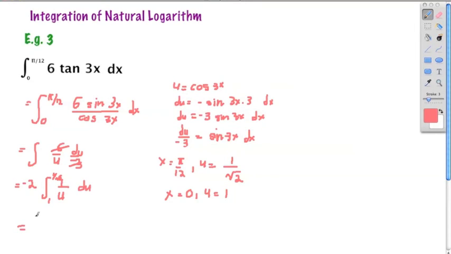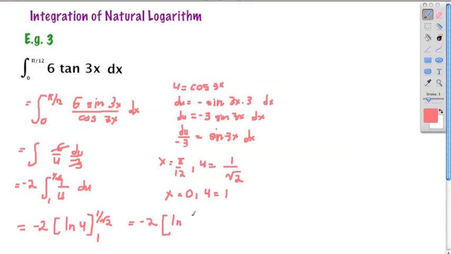So remember, when we want to integrate something with the terms of 1 over u du, we will simply get ln u. And that is my limit. The next step, we just have to substitute the u with the values.